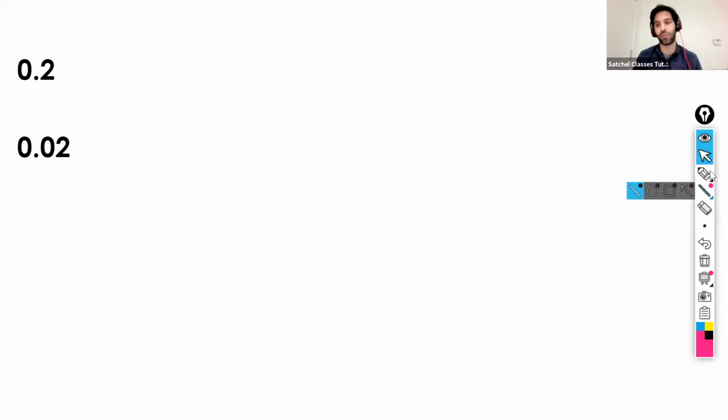So 0.2. Now, again, 0.2 is not a number that we would typically write in standard form because it's not extremely small. However, if we were to write this number in standard form, we could write it as 2 times, remember the first number has to be between 1 and 10, so this is going to be 2 times, and I'm just going to write 1 over 10.